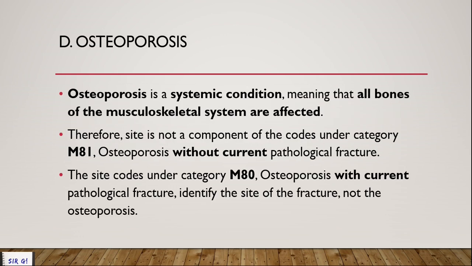Now let's start with, I think, the last topic of chapter 13, which is osteoporosis. These are common questions in the exam, and you may also encounter this a lot in actual coding.